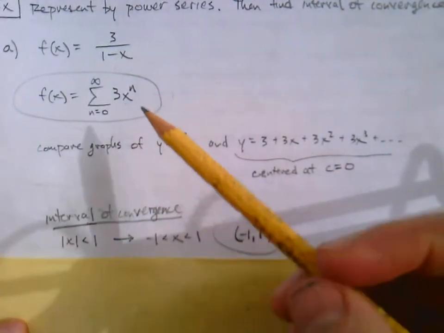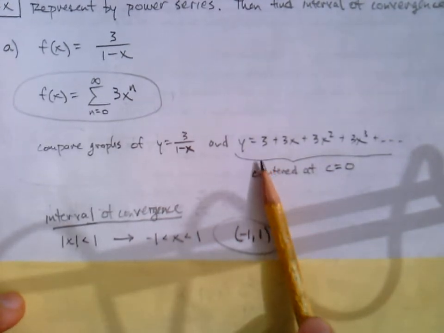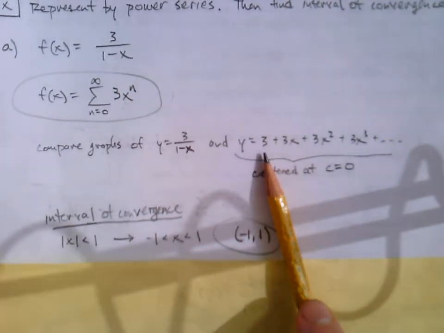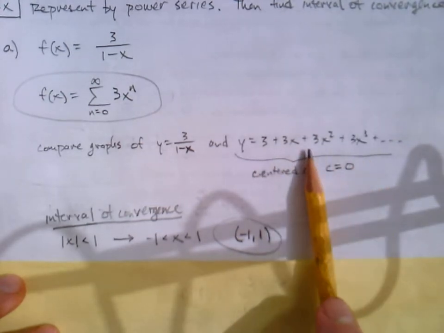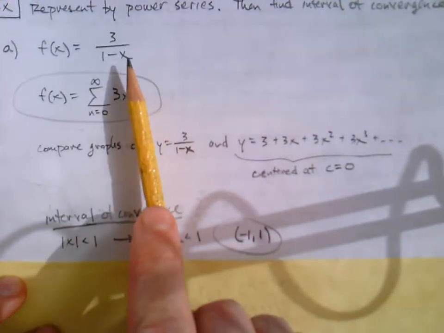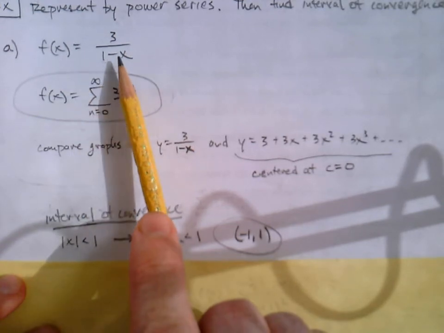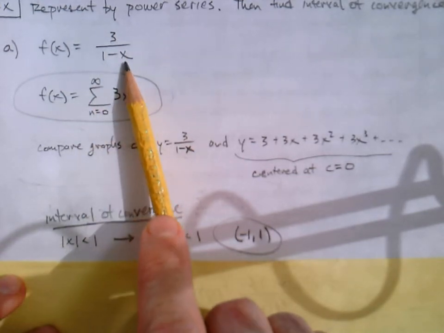So why is this? Kind of hints at, what's the significance here? Why do we have these things called power series? A big motivation for it in this day and age, of course, is technology. So it's much easier for a calculator or a computer to think about a polynomial like this power series would give. It's super awkward for a software program to recognize 3 divided by 1 minus x.